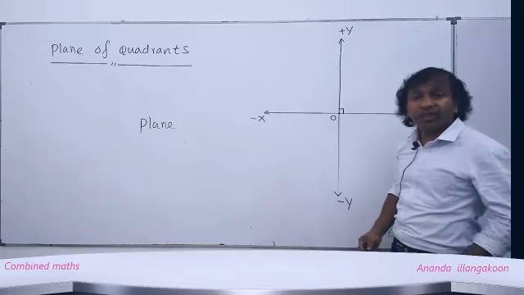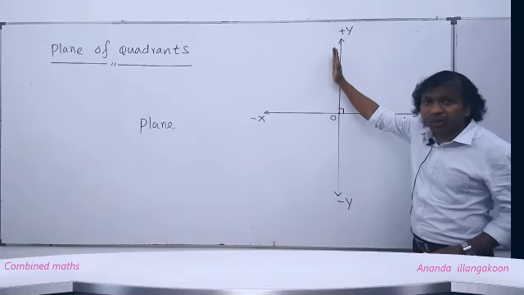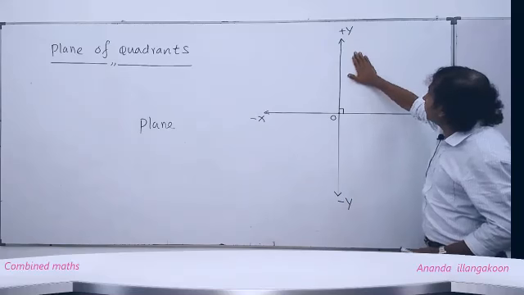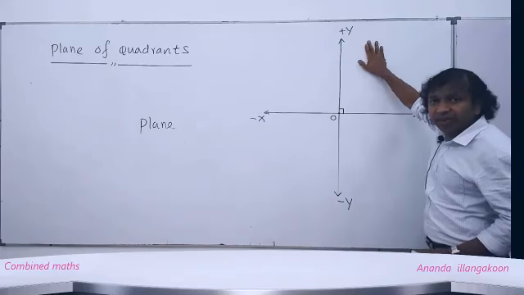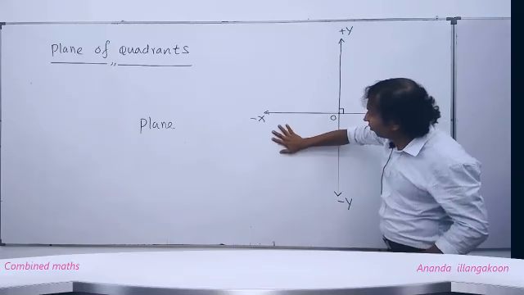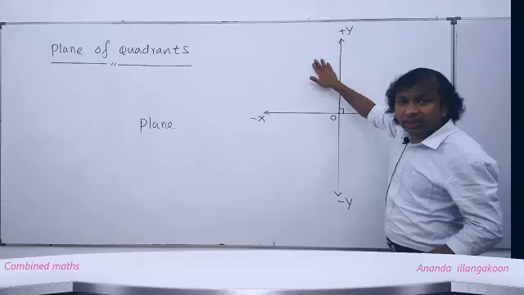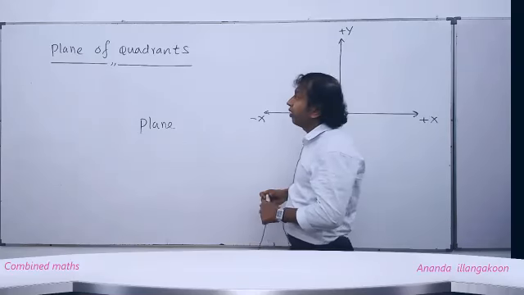Then, people, you can see in between the positive x-axis and positive y-axis there is a particular region in this plane, this region, and this region, this region, this region. These regions are called as quadrants.